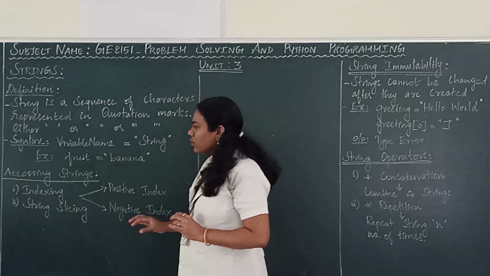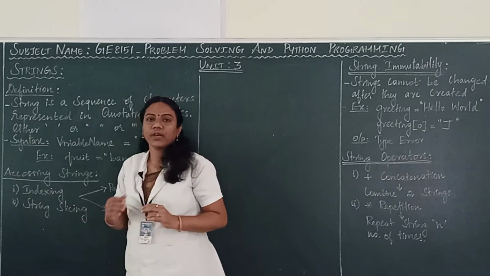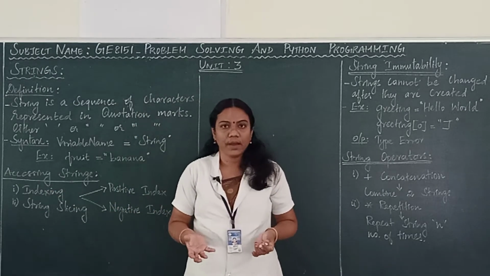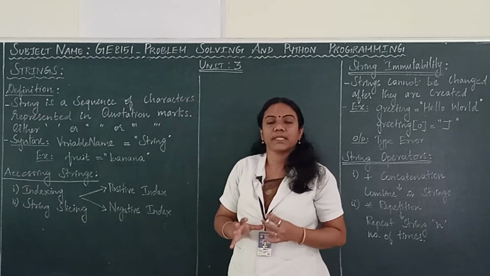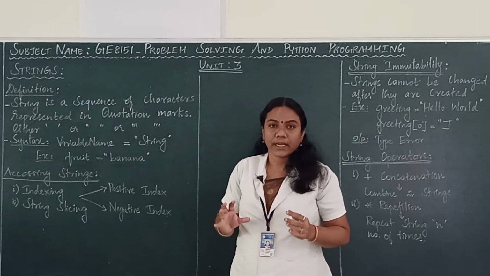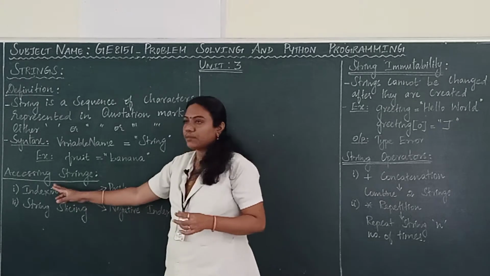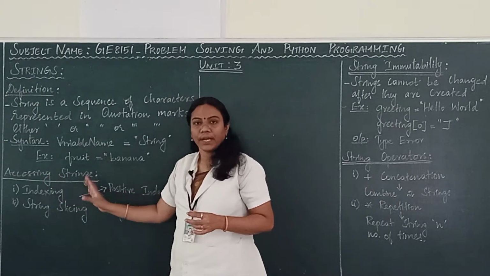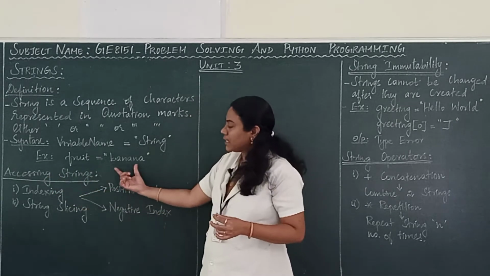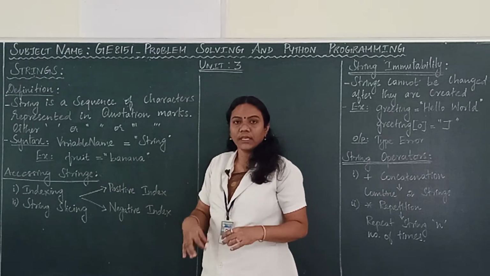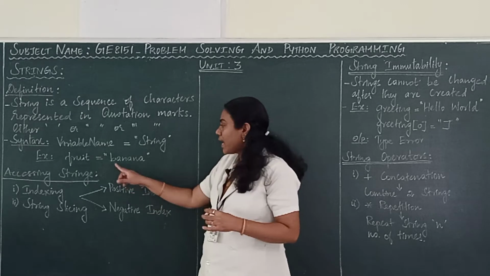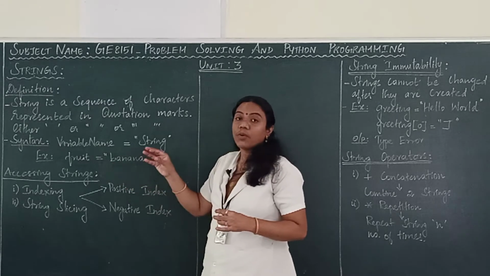Next is about accessing. If you are using a string in a particular program, how can the string, or the characters present in a string, be accessed? That is explained under this topic, accessing strings. You can access the string as a whole, as well as access the characters inside the string one by one.